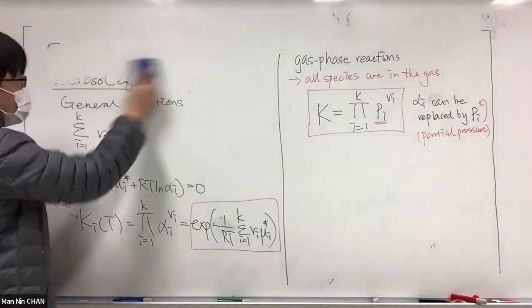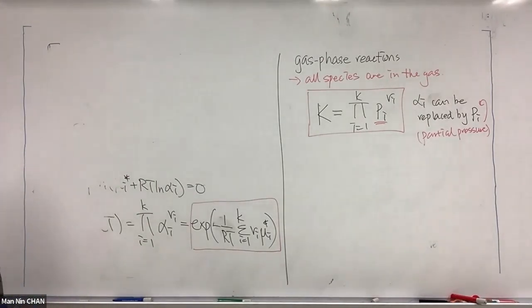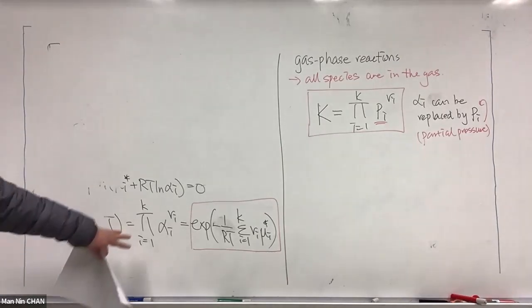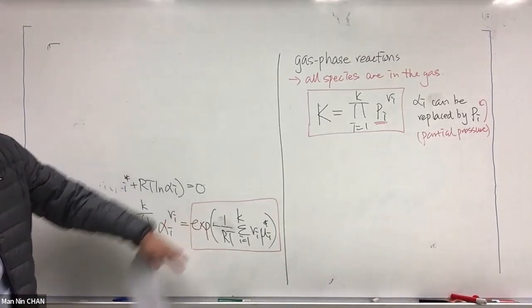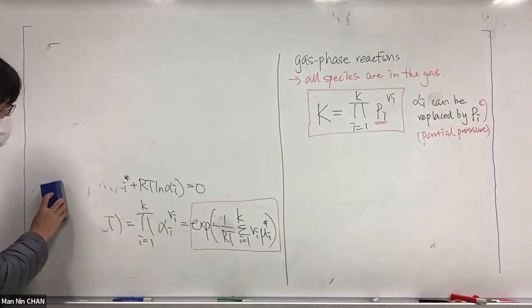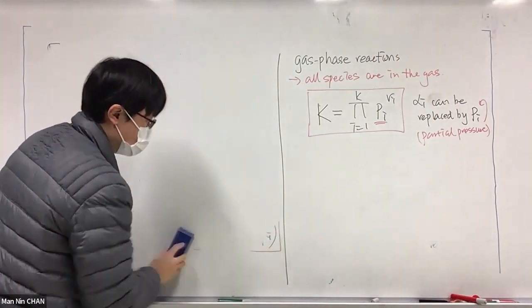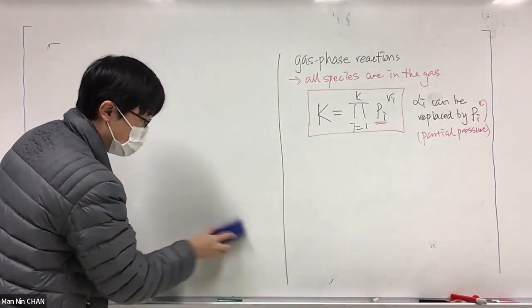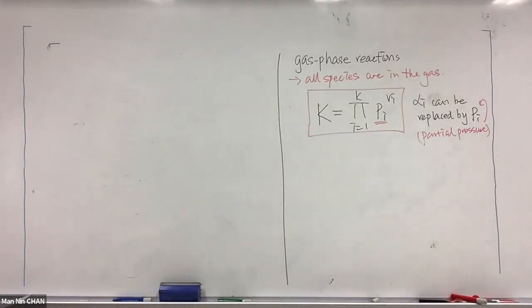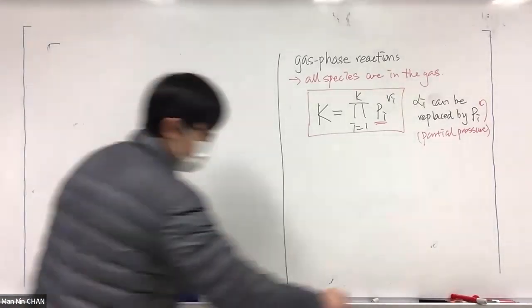So now we want to move on to another topic. But before I move on, do you have any questions from the class? I think this is just something to remind you that you can also calculate the equilibrium constant using the chemical potential, and to give you some more idea about the Gibbs-free energies and the equilibrium constant, the thermodynamics concept.